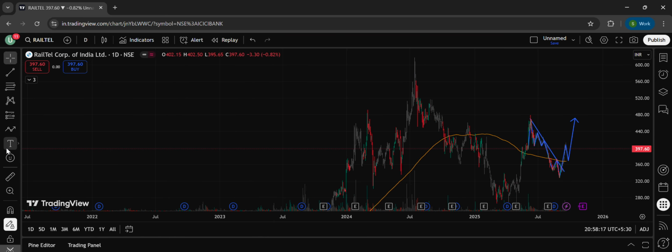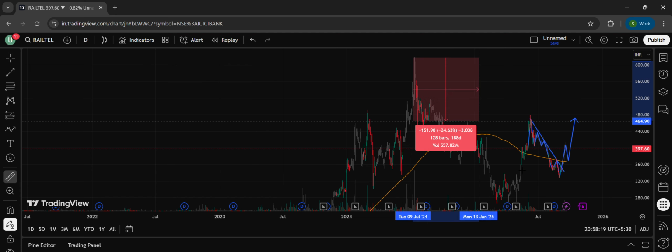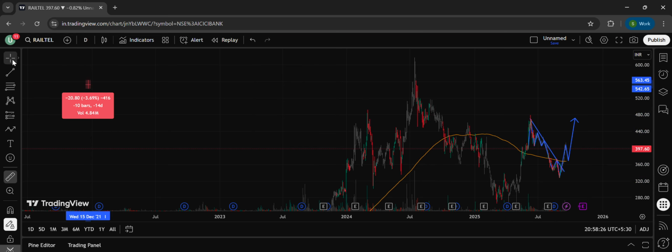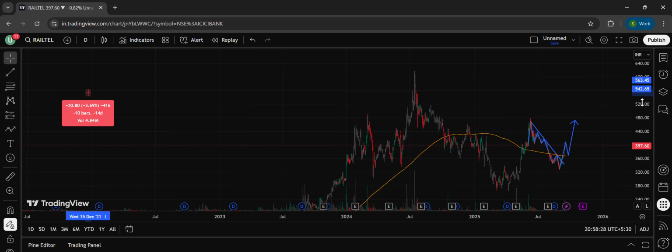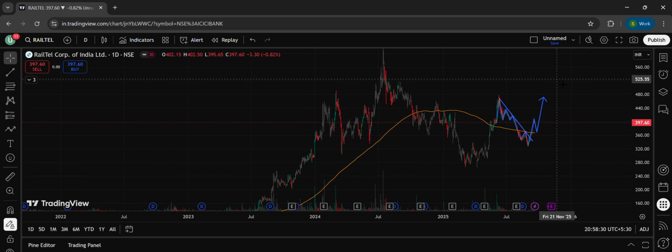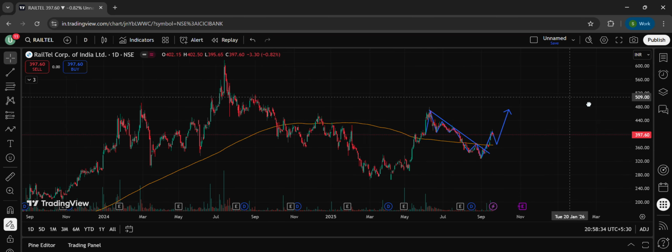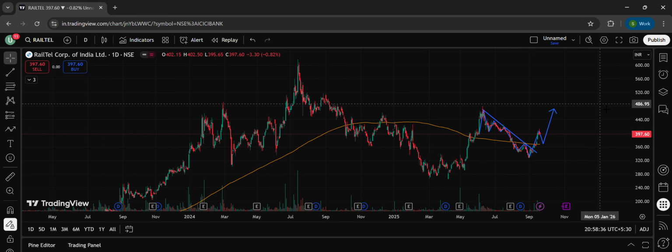From that 600, it has come down, corrected by 50%. A huge correction, but that is possible sometimes. It will make a 40% or 50% correction from the highs. Now, is the correction over? Yes, it looks like the correction is over.